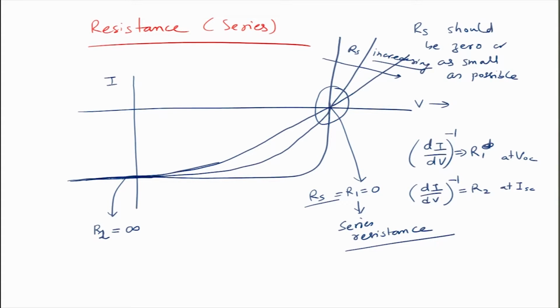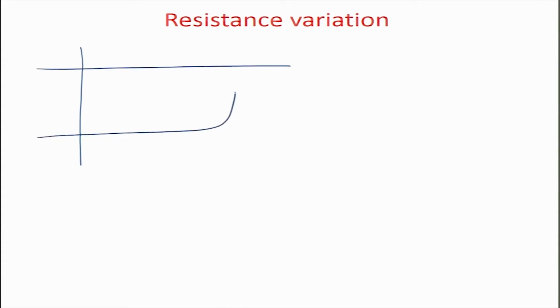If you want to look at the effect of increasing shunt resistance, the shunt resistance will go the other way round. So, this is the ideal IV curve you should have, and the shunt resistance variation will be seen here.